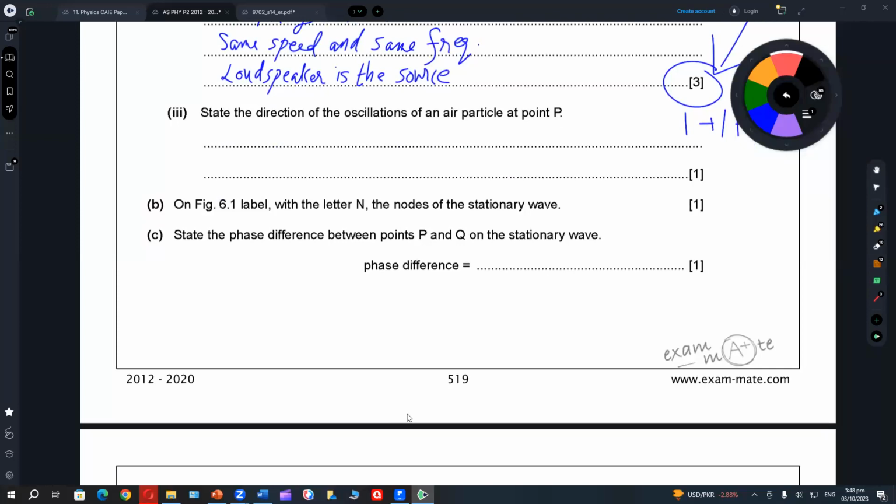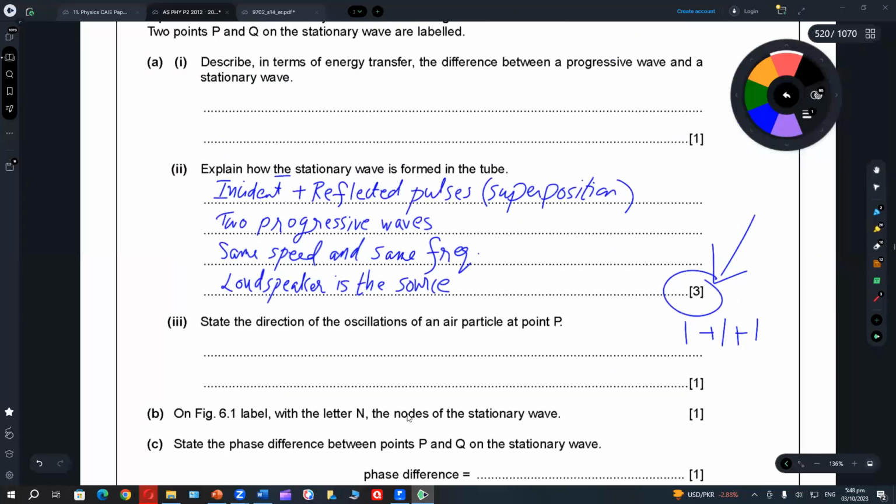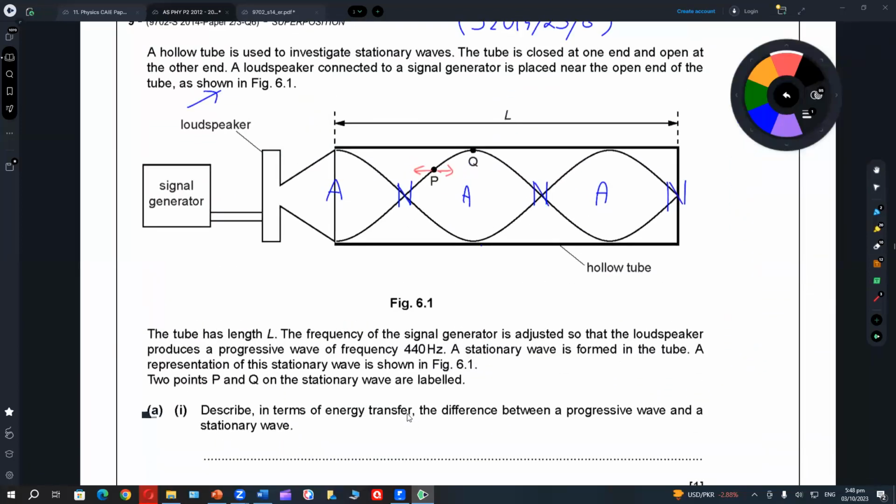State the phase difference between P and Q on the stationary wave. Part C. Q is above a node. So do you remember node to antinode, is it lambda by 4? Oh, yes, sir. Node to node is lambda by 2. We know these features from our knowledge.